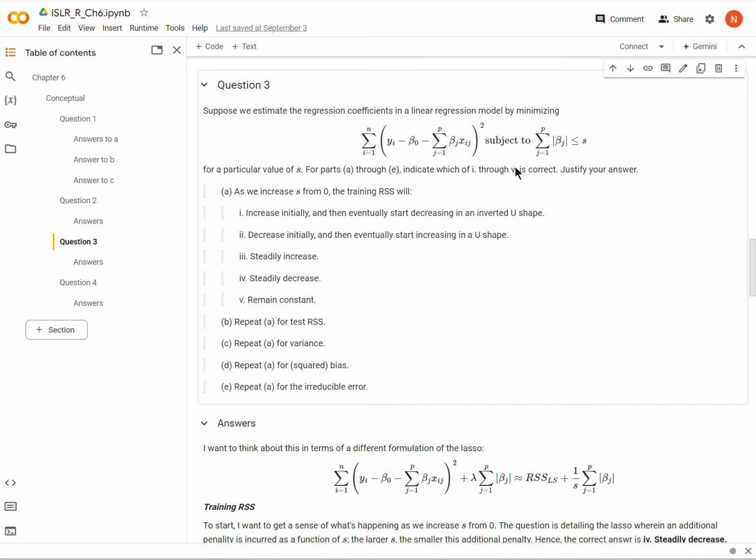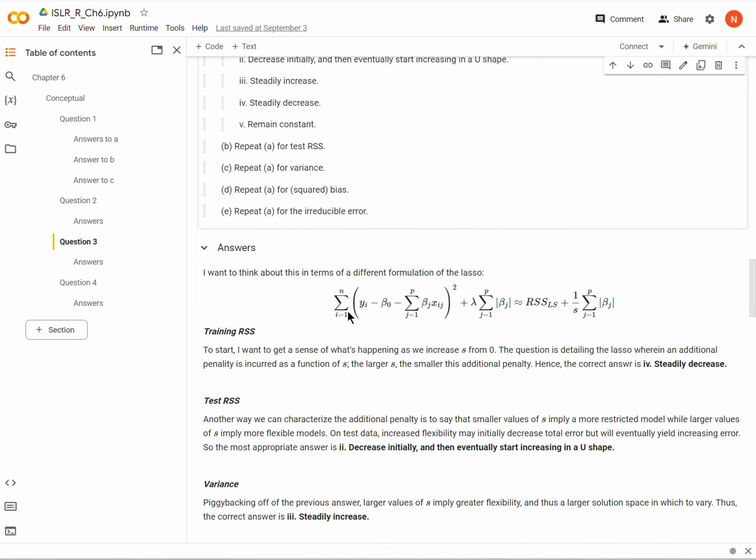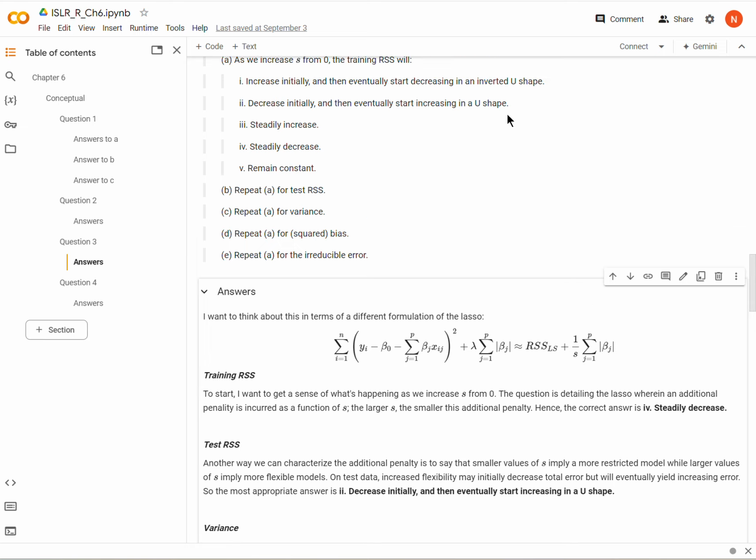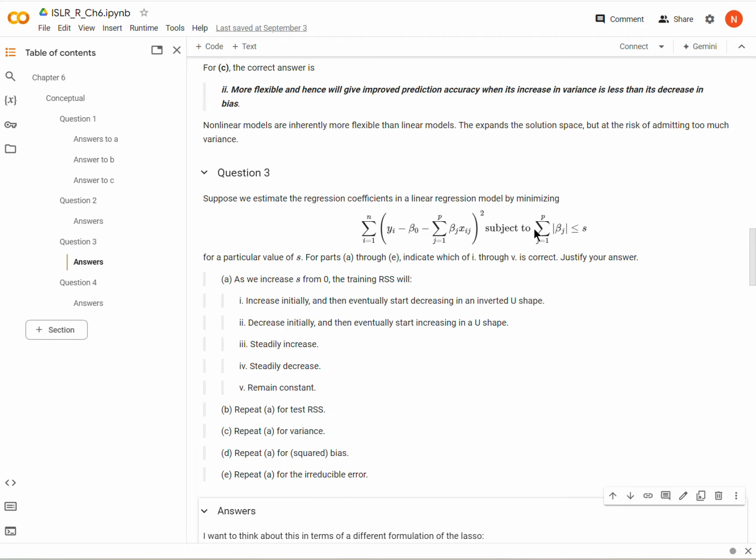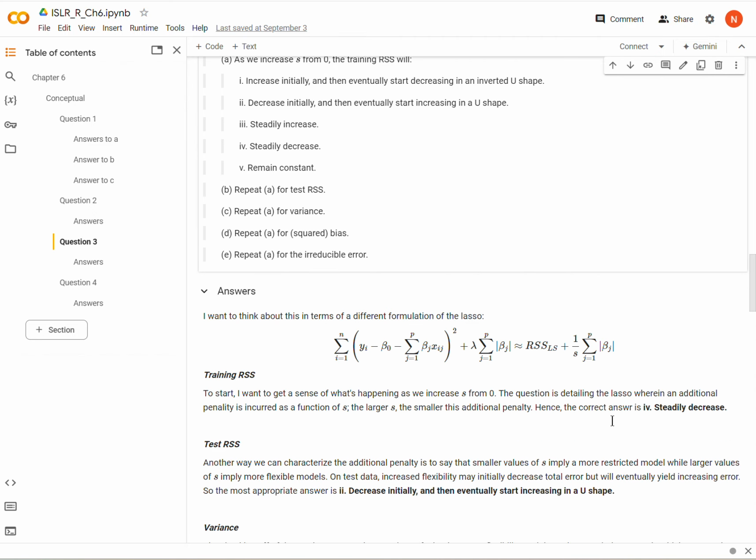I said that I tend to prefer thinking about this in the other form, where I'm adding the penalty, lambda times the penalty, and that this form was roughly equivalent to something like 1 over s. The constraint was saying subject to this penalty being less than some value s.